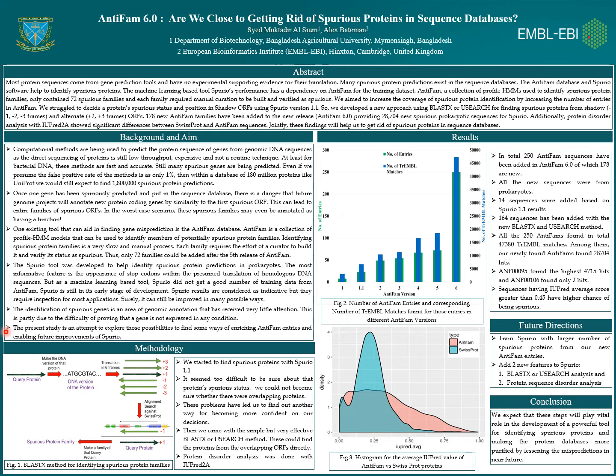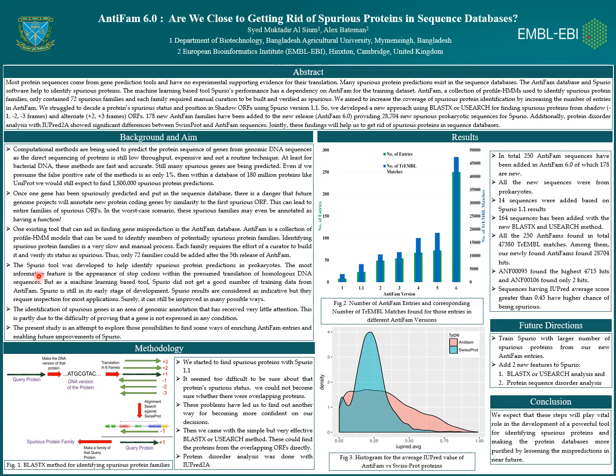And if we look at figure 2, it is clearly seen that AntiFam 6 has almost 3.5 times higher entries, and it can find 3 times higher spurious proteins in TrEMBL. Additionally, low complexity regions and protein disorder found in spurious protein sequences made us interested to have a closer look at this, and IUPred2 was used to analyze the protein disorder.